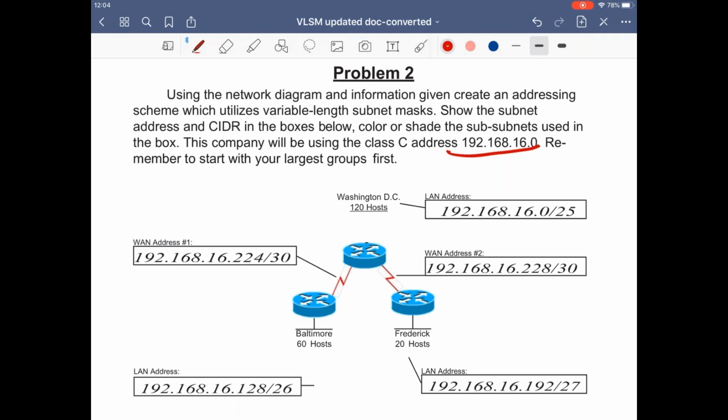Do we have 5 networks here? Yeah, 5 networks. This plus 20.